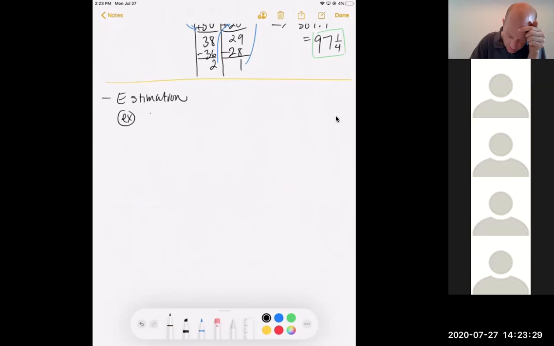Let's divide. Let's estimate that. When you estimate, what are you kind of doing?